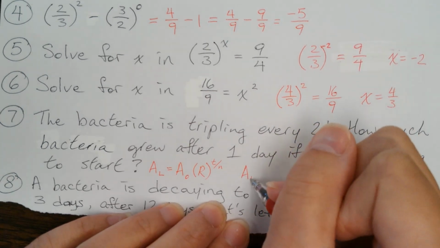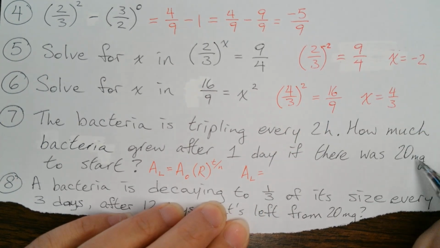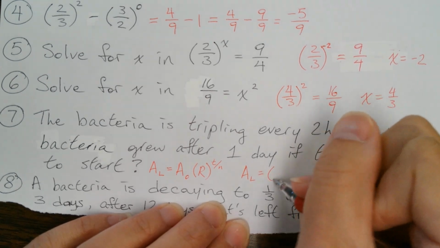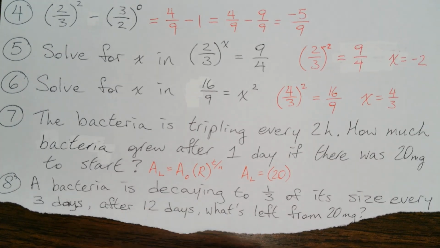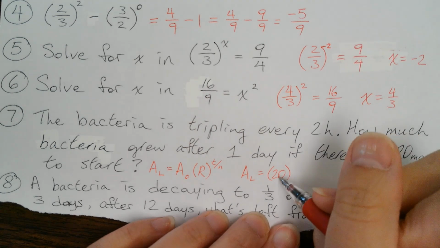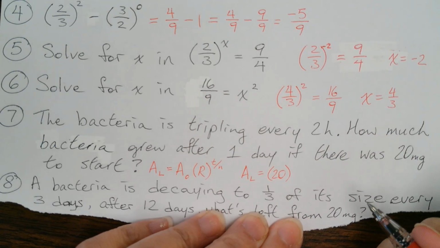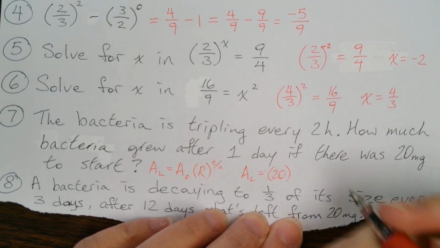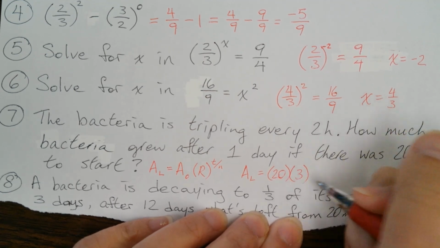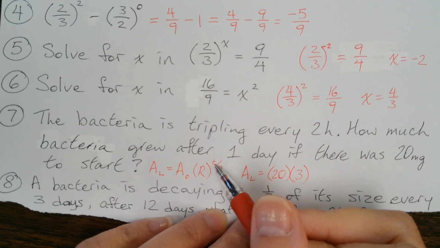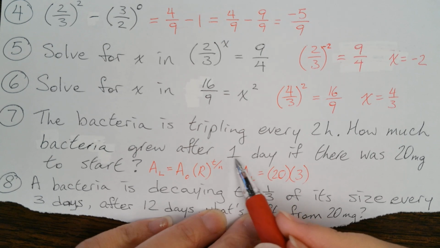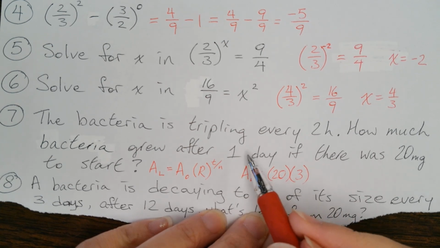Okay, so A equals the initial amount, 20. Don't pack up yet. We still have like 3 minutes. What's my rate? What's R? 3 because it's tripling. So 3. T is the time in question. So it's asking for 1 day.